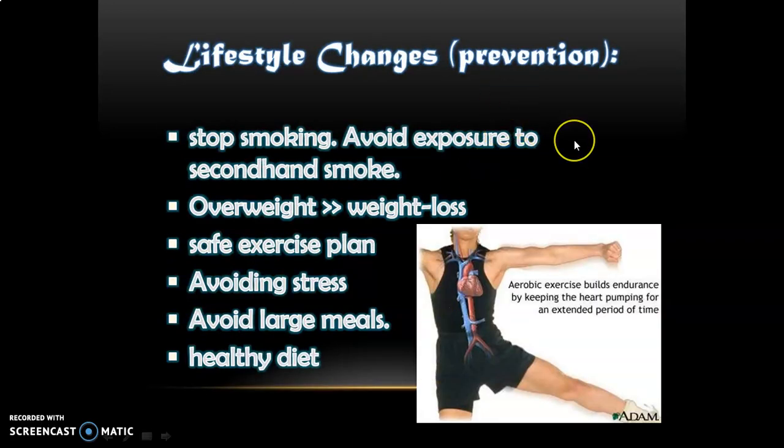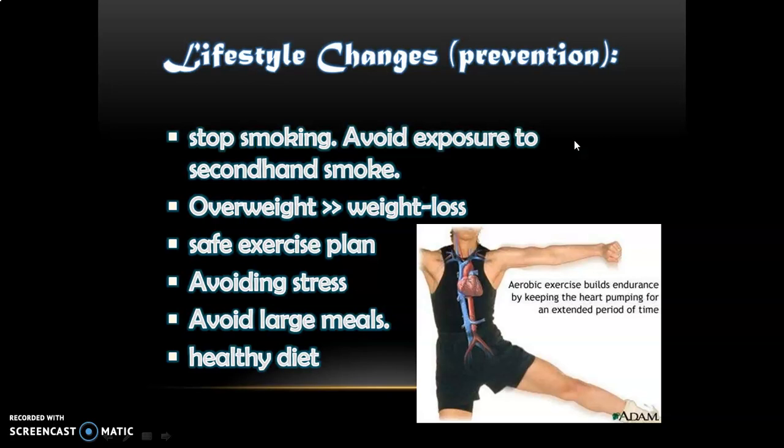So what lifestyle changes can we make? That can be a prevention, and prevention is better than a cure. We can stop smoking and avoid exposure to second-hand smoke. If the patient is overweight or obese, we can do exercise and weight loss.